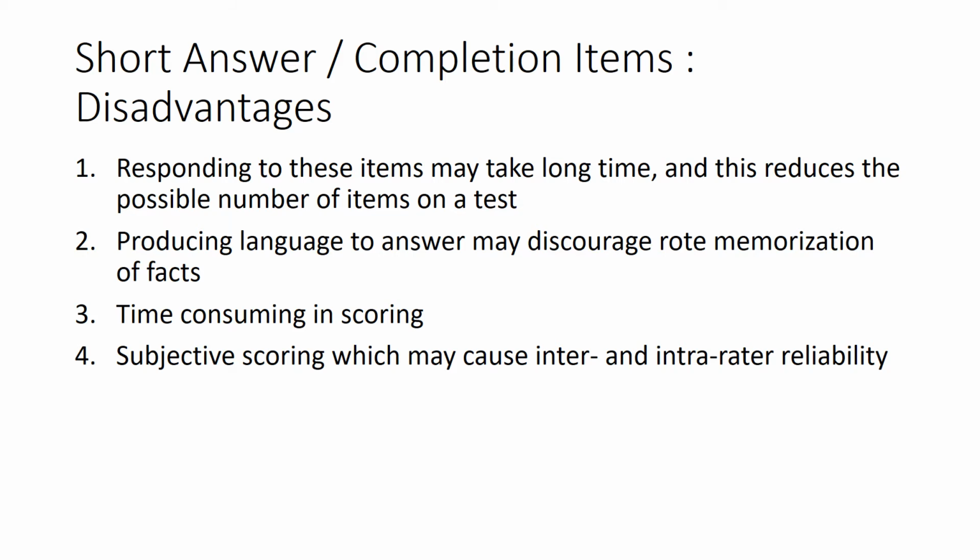So this will take a long time for the student to answer one item only, or one point in the question. That's why you have to do what? Reduce the number of such items in your test, unlike the objective items, if you remember. In the objective items, answering is quick because it depends only on selecting the correct answer.